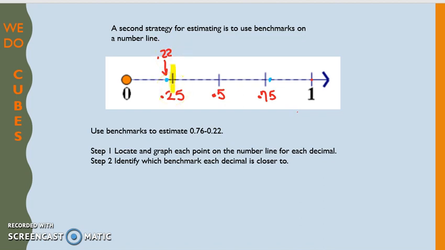And for 0.76, the benchmark it's closest to is 0.75.